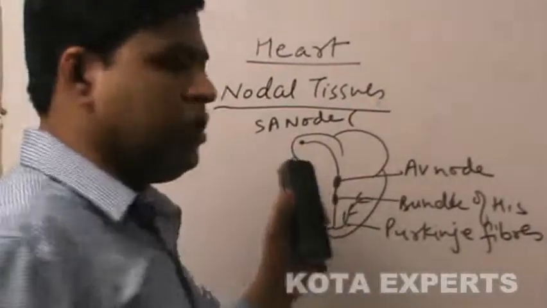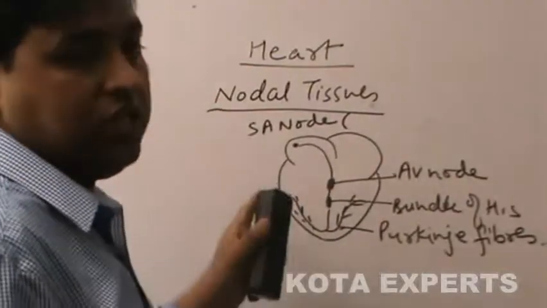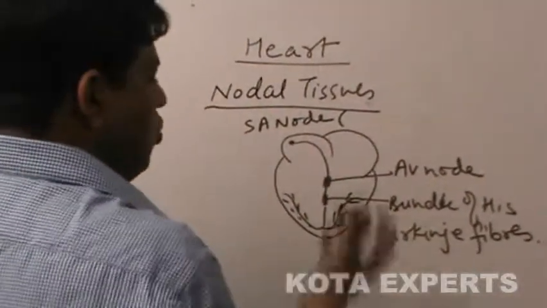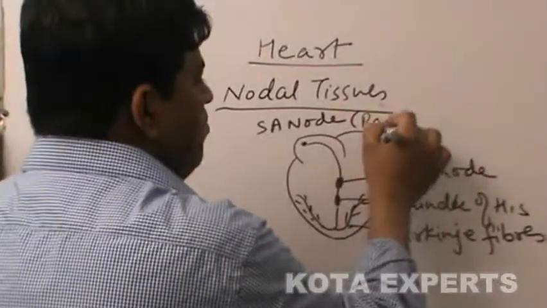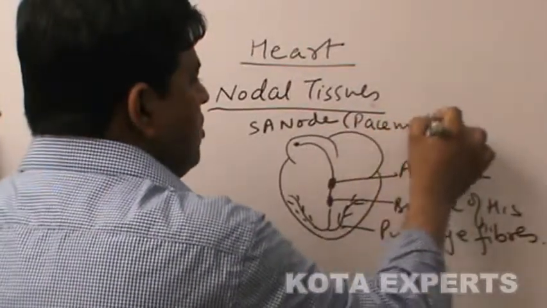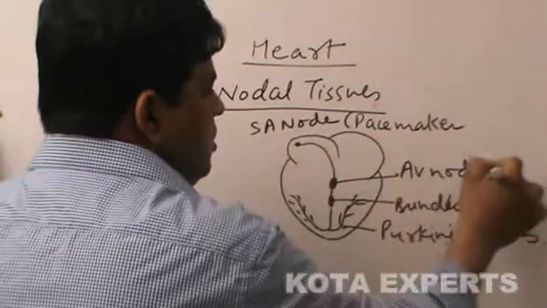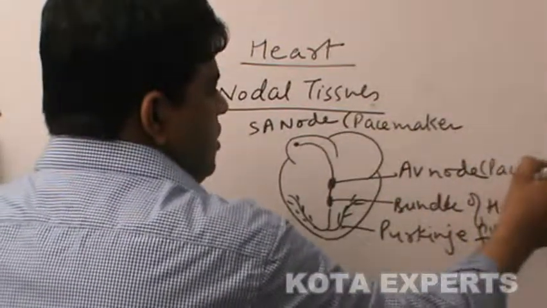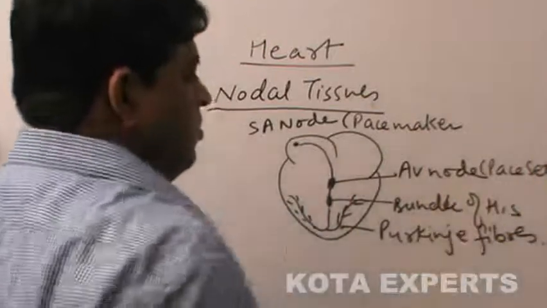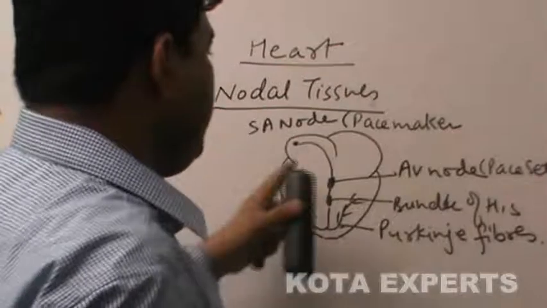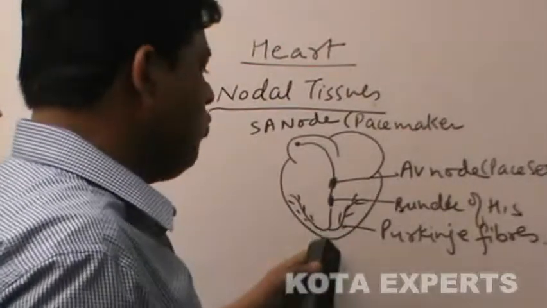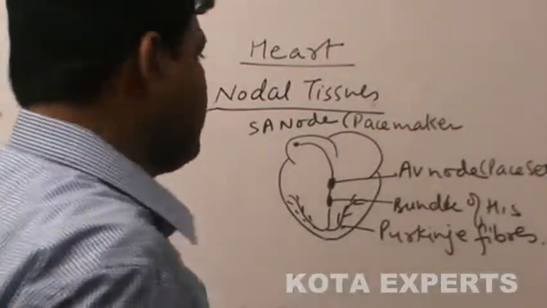The action potential, that is the heartbeat, originates from the SA node. That is why it is also known as the pacemaker. The AV node is a pace setter, which maintains the impulse going towards the ventricles.